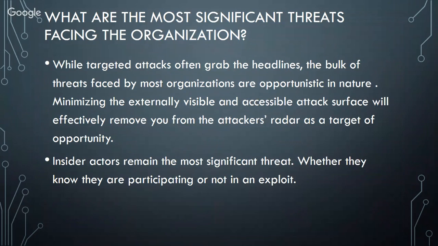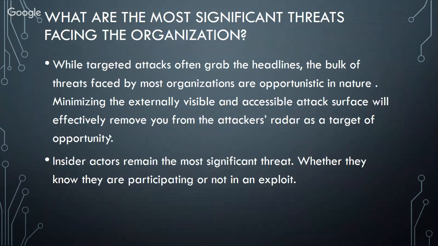Because all it takes for them is one user to hit the attachment, or one user to click the link, and they're in. They're not necessarily targeting a company. Sometimes they are, but in most cases they're not. They're targeting a big population, hoping for the one or two that click it. So the biggest issue is our second bullet, the insider actors.